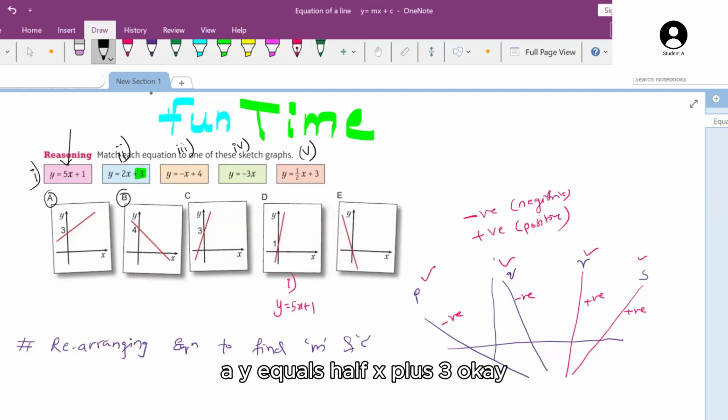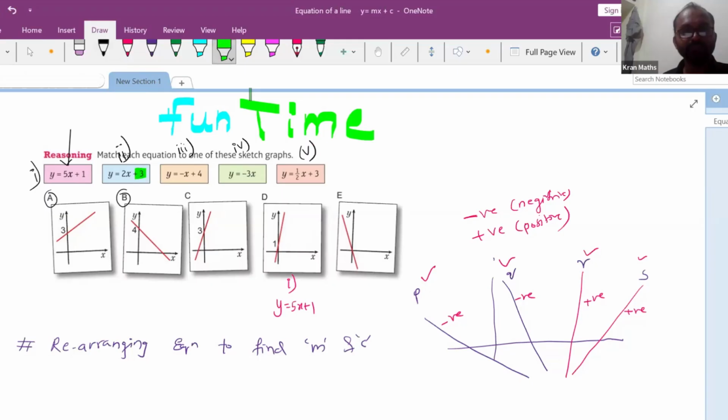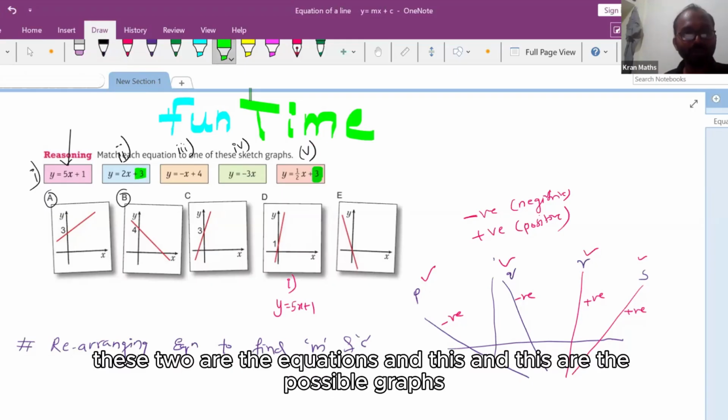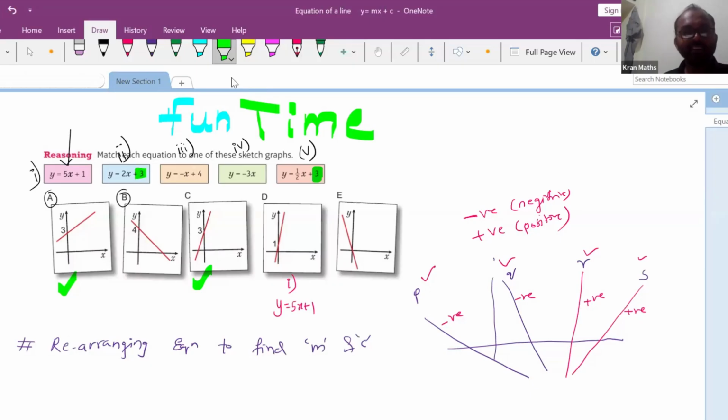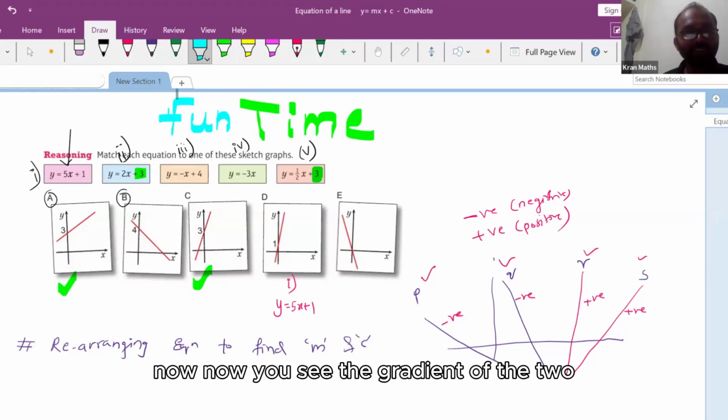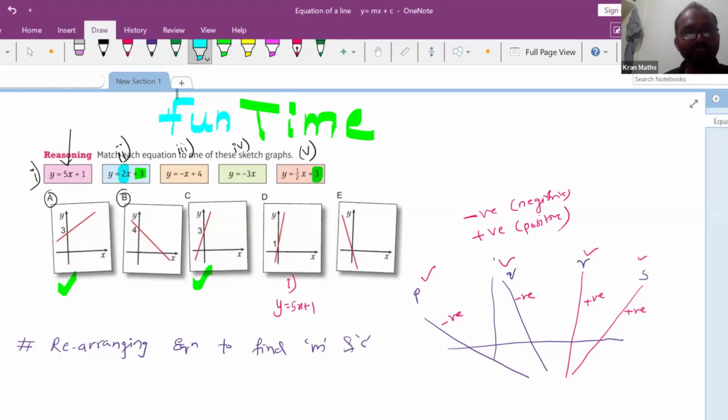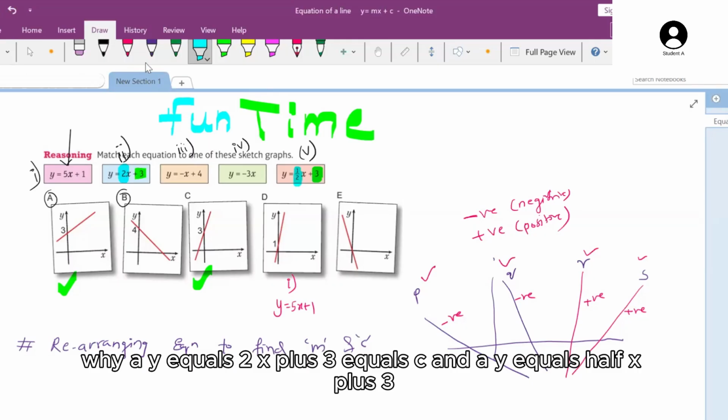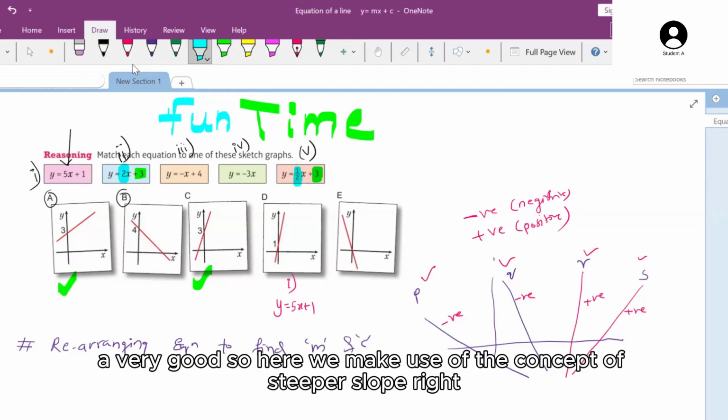Y equals half x plus 3. Okay, so these two are the equations and these are the possible graphs. Now you see the gradient of the two. So does that mean y equals 2x plus 3 equals C, and y equals half x plus 3 is A?